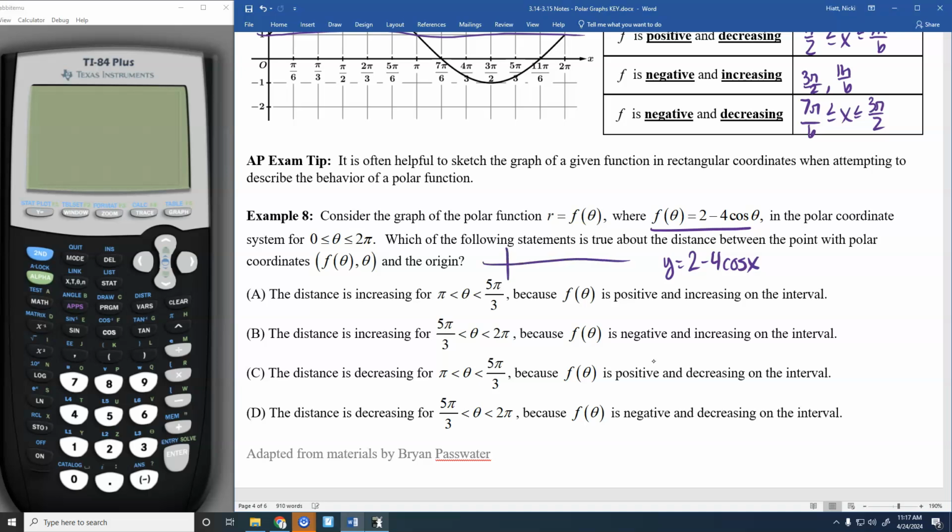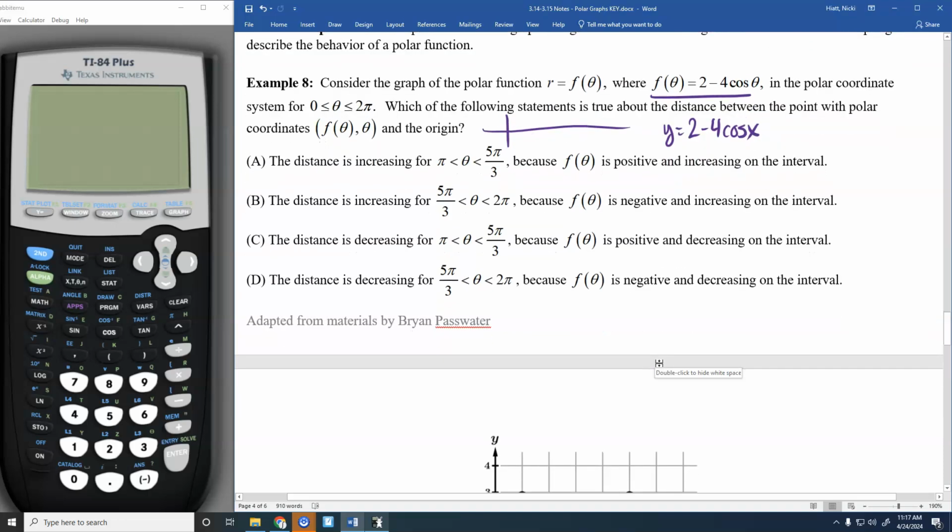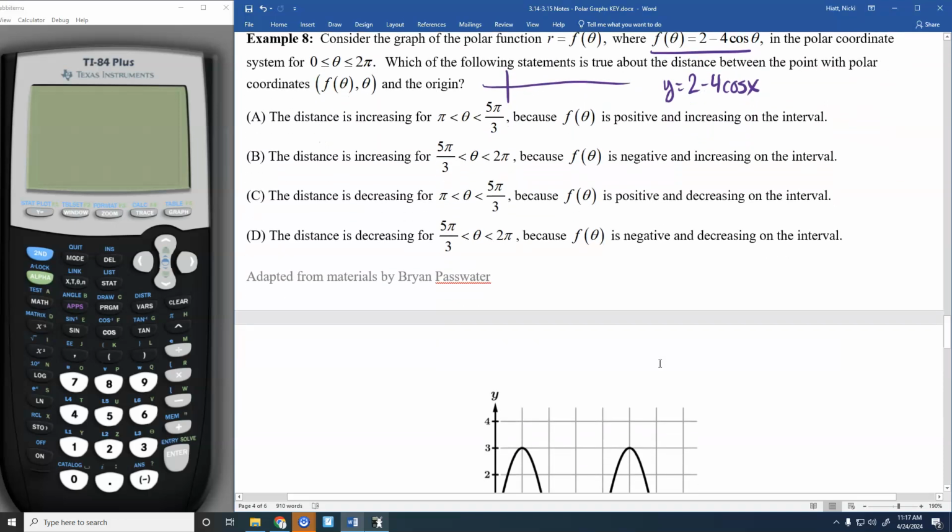So for this, we need more room though. We got a midline at 2, an amplitude of 4, so this would go up 1, 2, 3, 4. My amplitude's a little messed up there. And it's a negative cosine, so you would start at a low point, and then 1, 2, 3, 4.